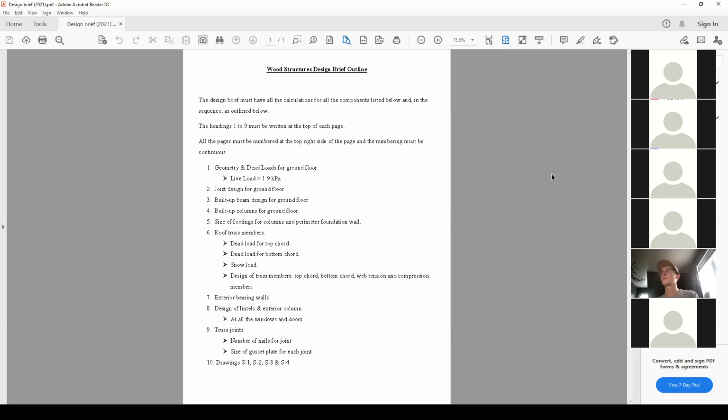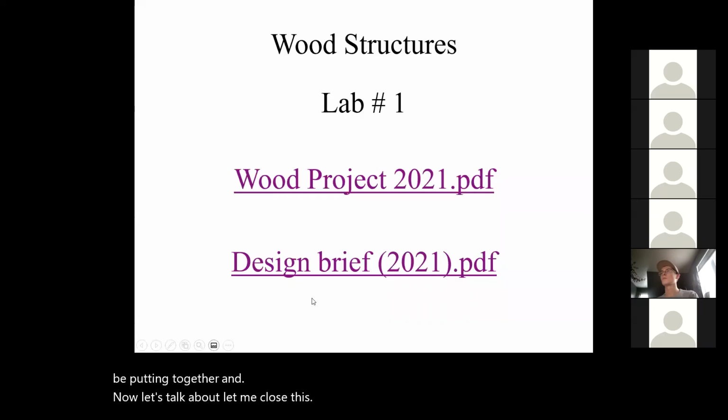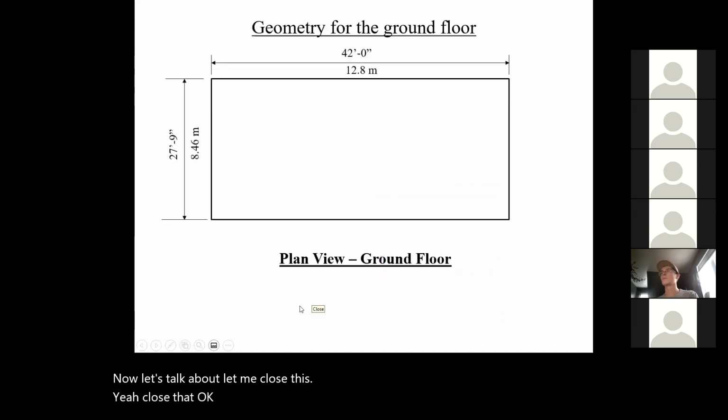Okay, so this is just like I said, this is your outline of what you're going to be putting together. And now let me close this. Okay, guys, take out a piece of paper. We're going to be doing the very first thing in that course outline.